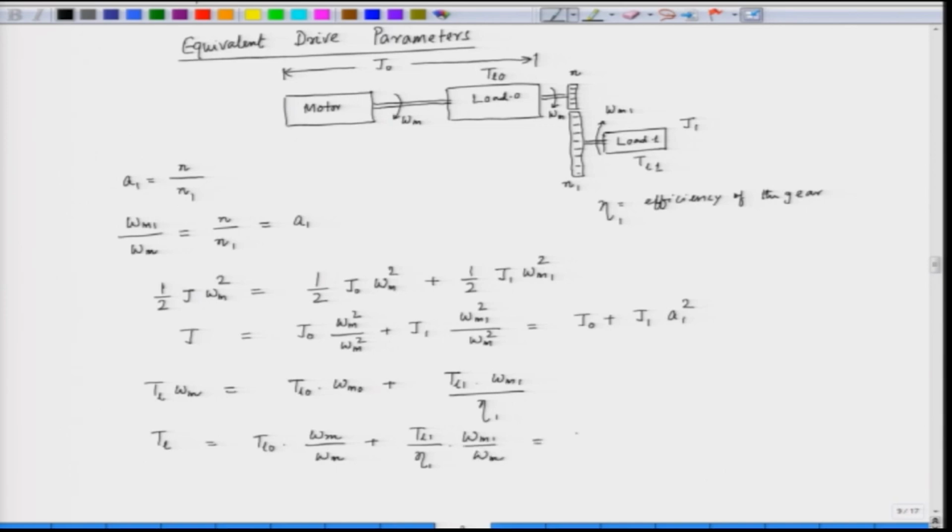We can simplify this, this is equal to T L naught plus T L 1 by eta 1 into A 1. So, this is the equivalent load torque seen by the motor.